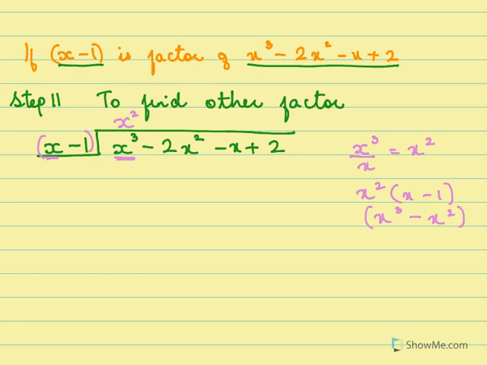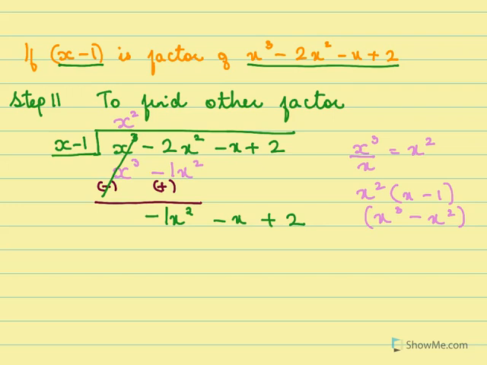You write this below, minus x square. Now you subtract, which means you change the sign, so this is minus, this is plus. Plus x cube minus x cube would cancel. Minus 2x square minus 1x square is minus 3x square, minus x plus 2.